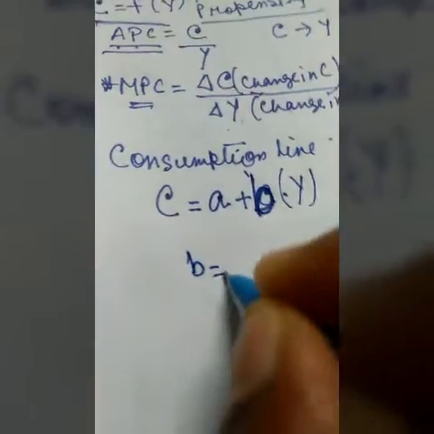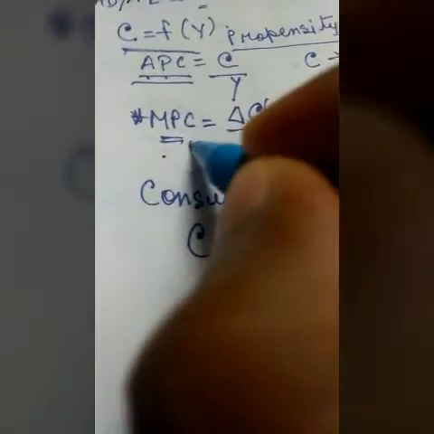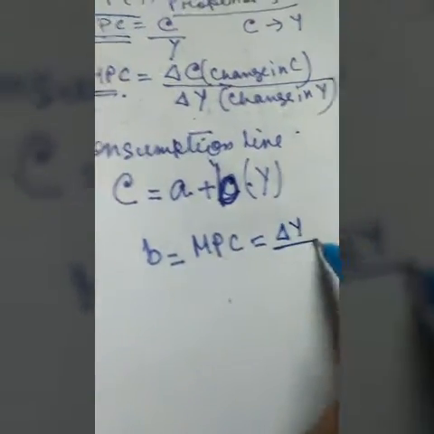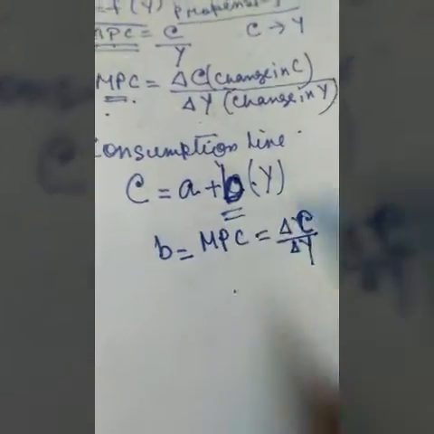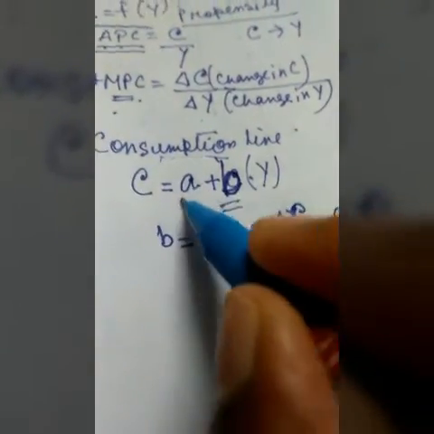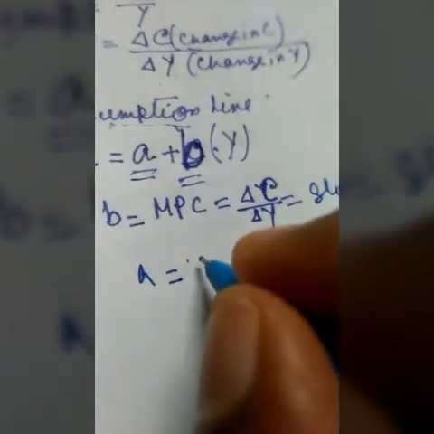B is nothing but MPC, marginal propensity to consume. How to find it out? Del C by del Y. So this is the slope also. This MPC is the slope of what line? Consumption line.